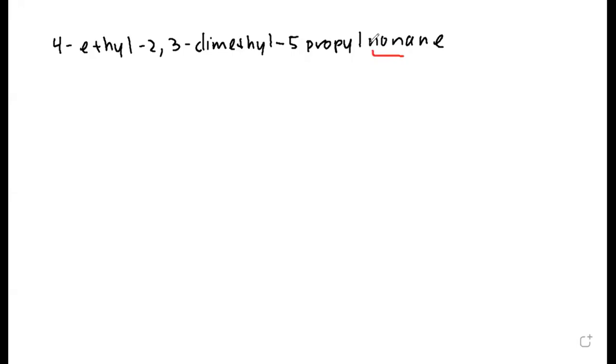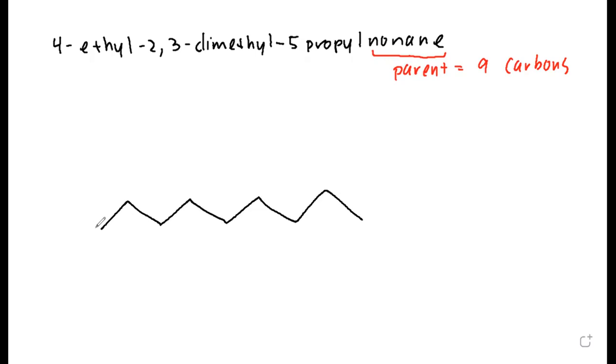So our parent chain is nonane. And that's going to have 9 carbons because nonane, N-O-N, means 9. So let's draw that first. 1, 2, 3, 4, 5, 6, 7, 8, 9.